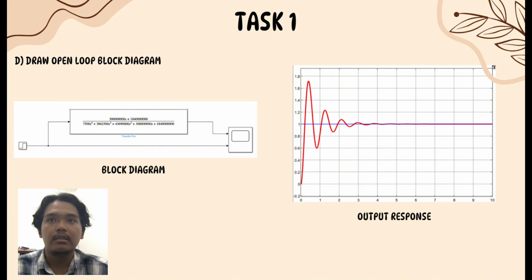We just add a summing point and a feedback to make it a closed loop block diagram. After that, at the right side we can see the output response for the diagram. The graph shows that the system is in stable condition because it has a final value.